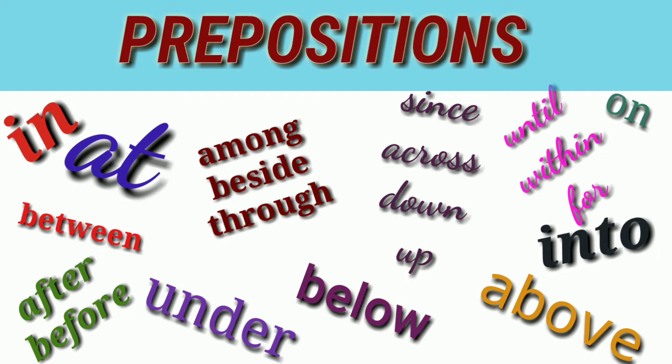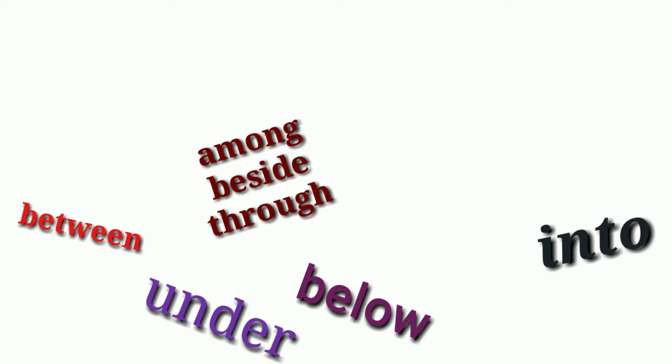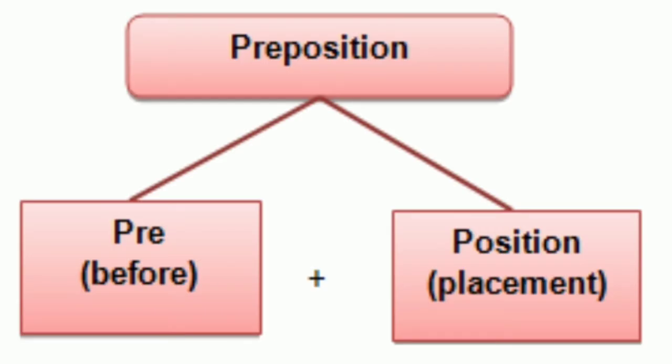So, I am trying to explain this with some examples and pictures. Now, look at this chart. Here, preposition is divided as pre and position. Pre means before and position means placement.